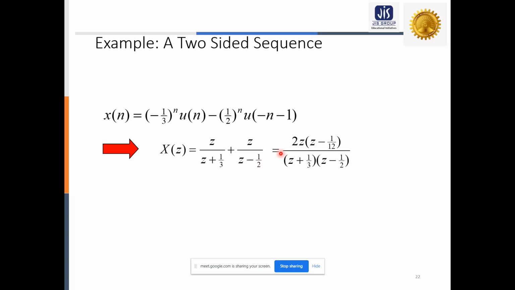So that is 2z into z minus 1 by 12 over z plus 1 by 3 into z minus 1 by 2. So simply put the poles and zeros on the real and imaginary axes.